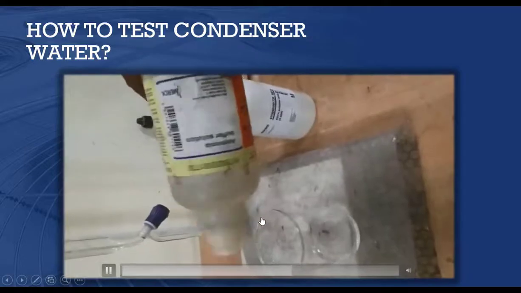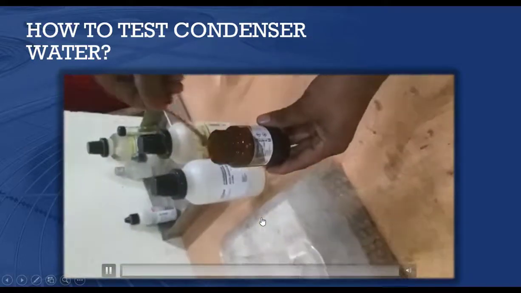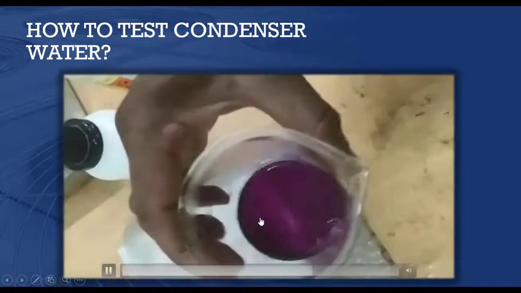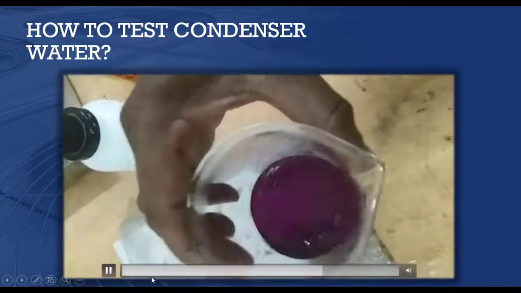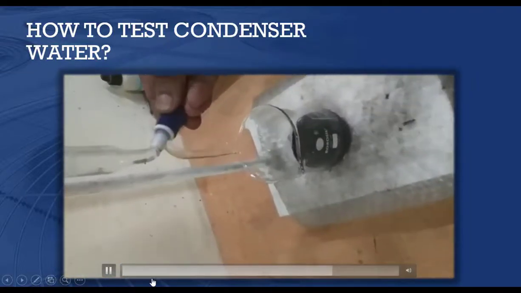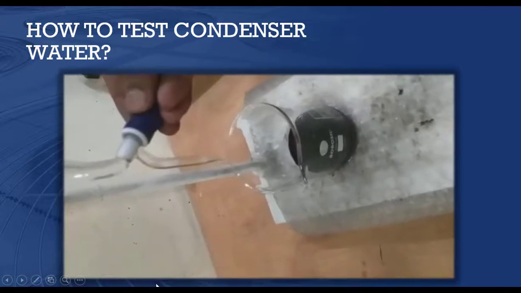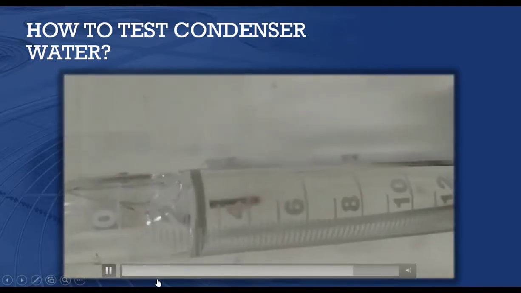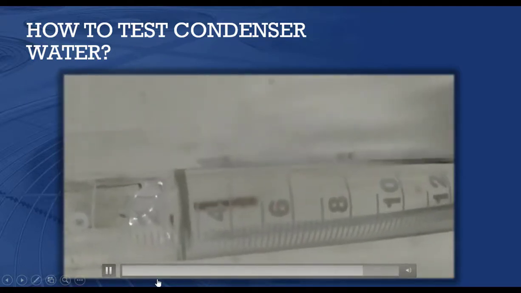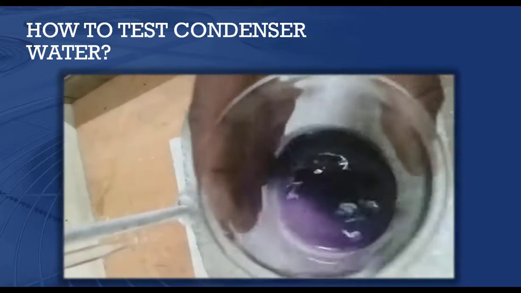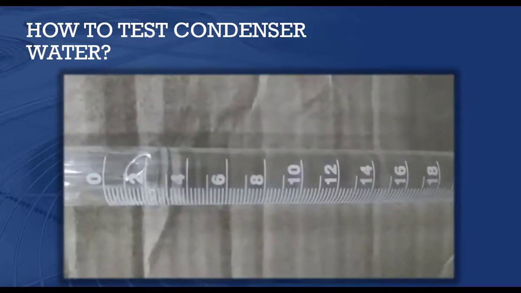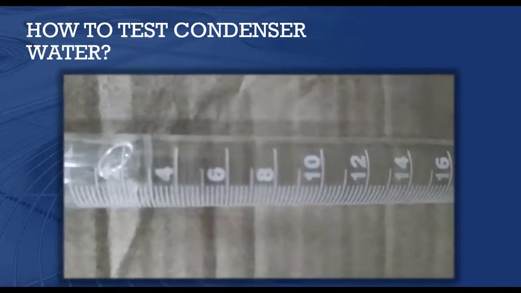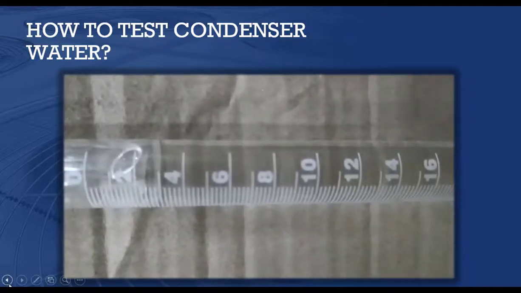Take the 50 ml ammonia buffer and put the indicator. Now the titration starts. Through the number of drops you can determine the hardness of the condenser water directly. This is a very simple, straightforward method to find out the water hardness.